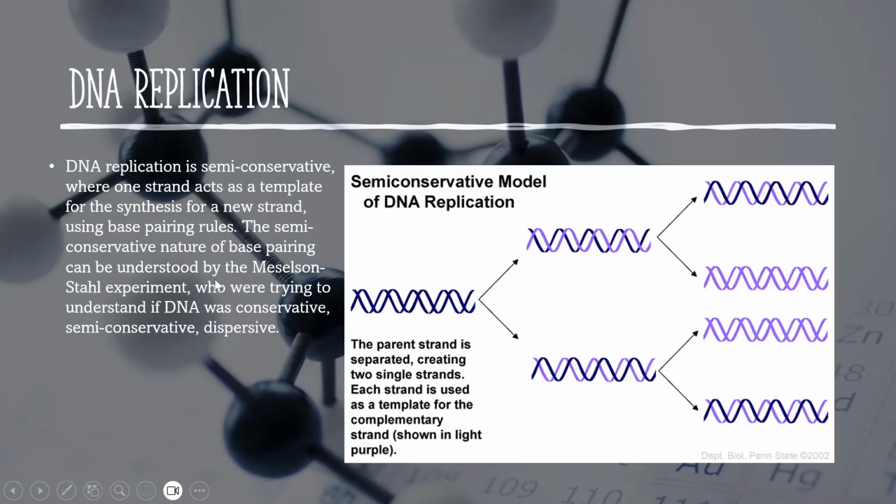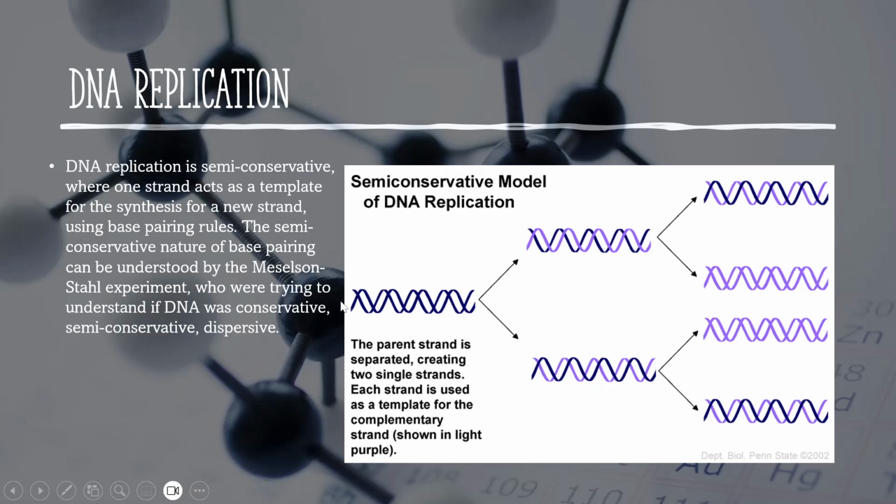So DNA replication. The process is semi-conservative. So here's the old DNA, and then you have a replication fork that opens up. The template strand is used to synthesize the new DNA strand.